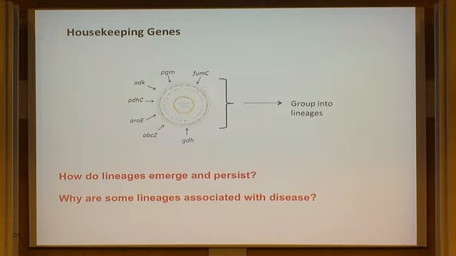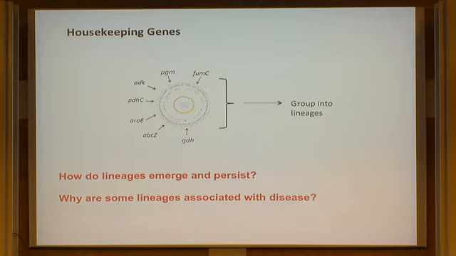And the questions Martin and I thought we might try to answer were essentially these. How do lineages then emerge and persist? And why are some lineages associated with disease? The answer that we came up with, and this is where we finally tie back into metabolism, is that these genes, which are of course involved in metabolism, I don't think anyone would deny that, actually determine the fitness of the bacterium.